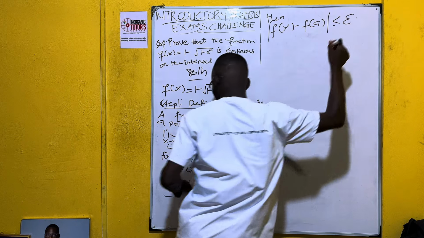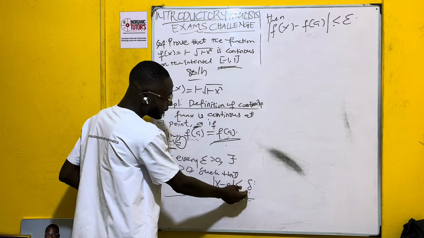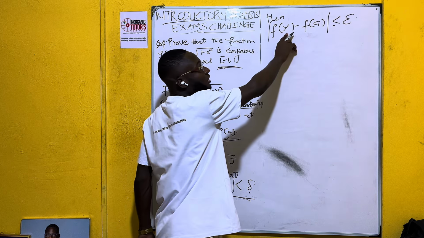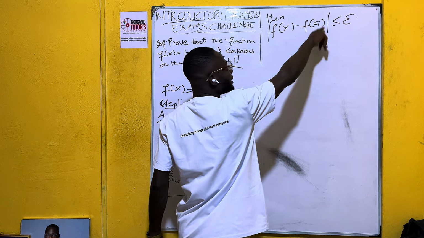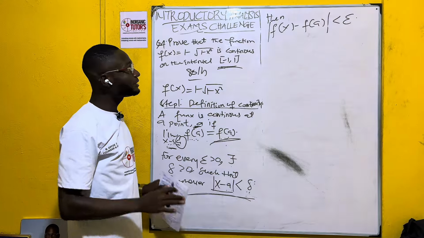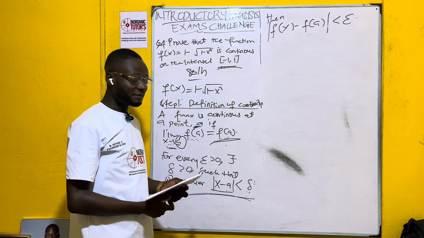Whenever x minus a is less than delta, then we can say that the absolute value of the function minus the function of the point is less than epsilon. So this definition is very, very important.